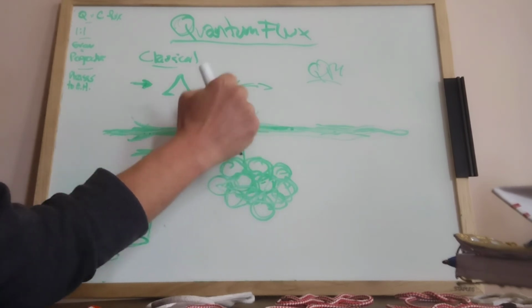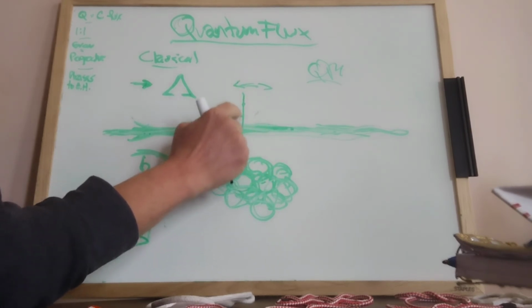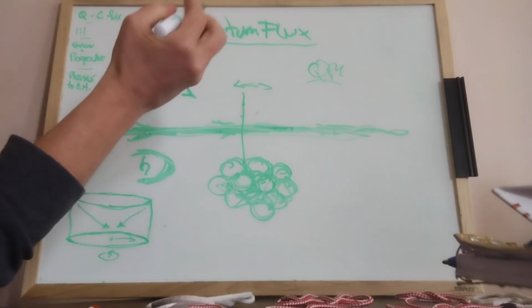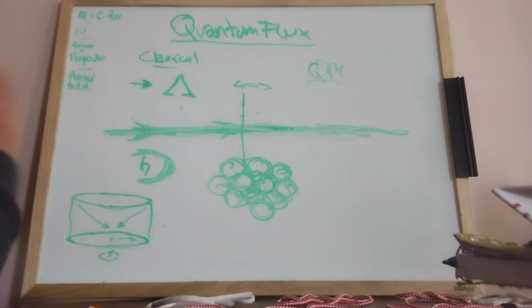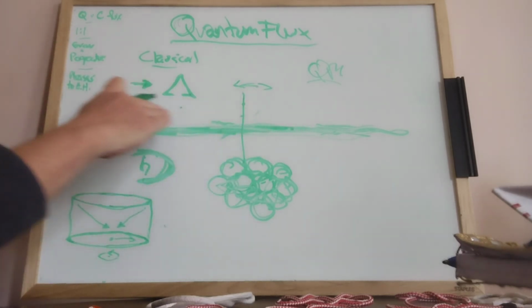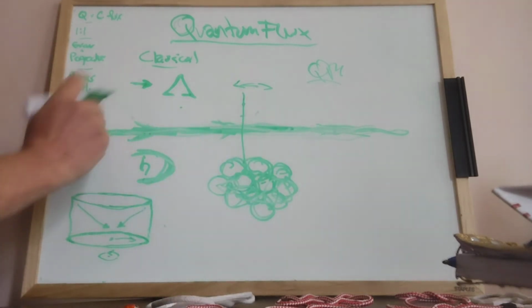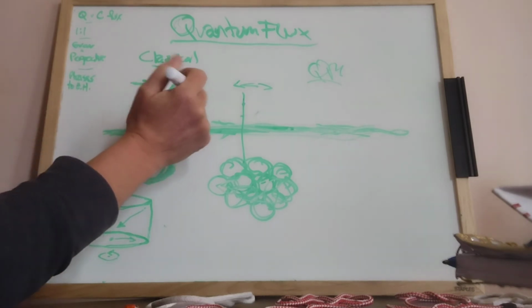So yes, the two quantum fluxes and why they are so vastly different. One is measuring the ripple, the amount of curvature needed to manifest.